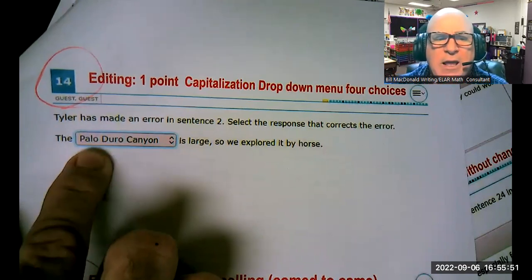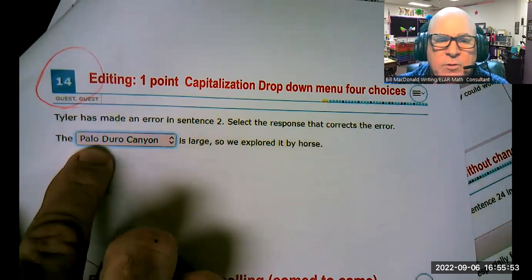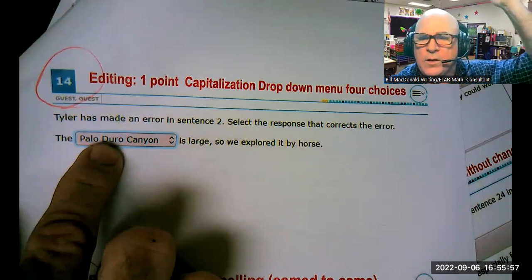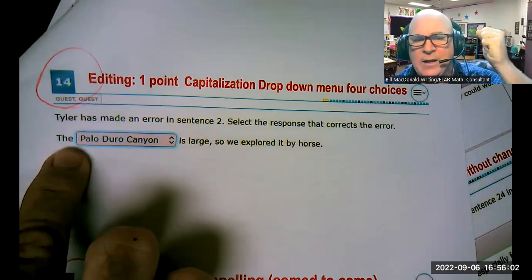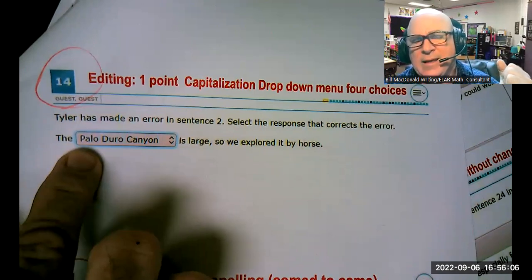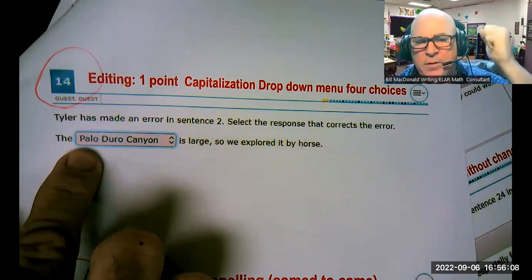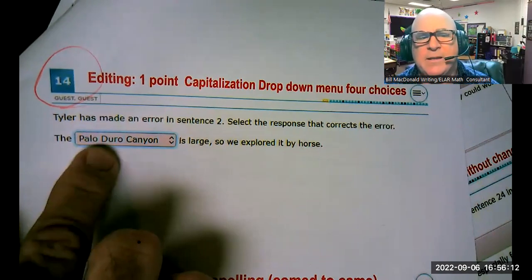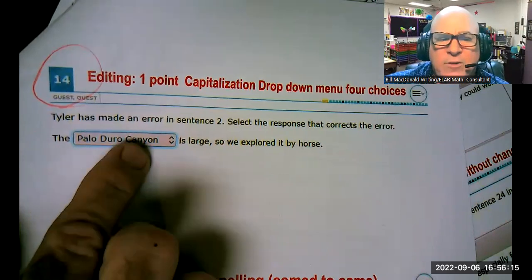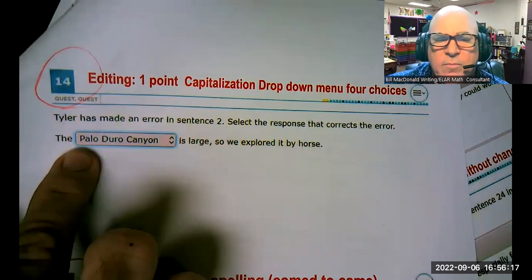Your students could say Capital Palo, Capital Duro, Capital Canyon, or Palo Duro Canyon. I was pretending to put on a cap, or you could do it verbally and kinesthetically. Capital Palo, Capital Duro, Capital Canyon, because that's the name of the place. All three words would have to be capitalized, not one of them or two of them.